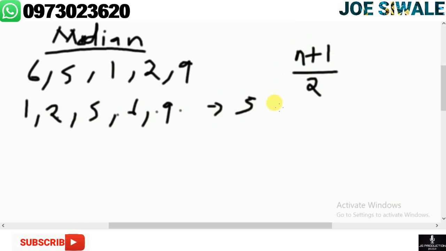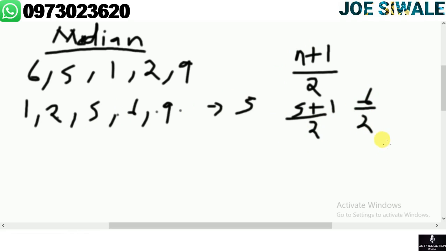And since here our total number of scores is 5, we're going to say 5 plus 1 divided by 2, which will be 6 divided by 2, 3. So here the median is found on the third position in the data set. So we're going to say 1, 2, 3, and my 5 here will be our median. So median will be 5.